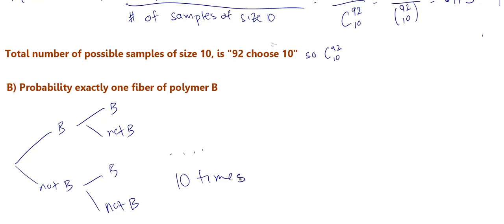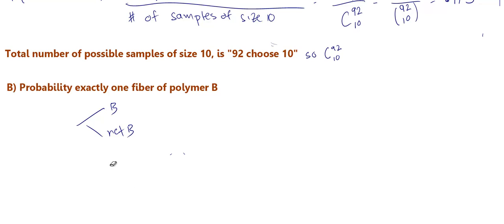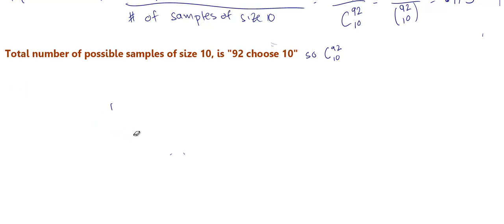But for 10 times, this is going to give you over 1,000 different outcomes to look at. There's no way you want to do this by hand. So you either have to use the binomial distribution, or since we haven't learned the binomial distribution at this point in the textbook, we can use combinations.